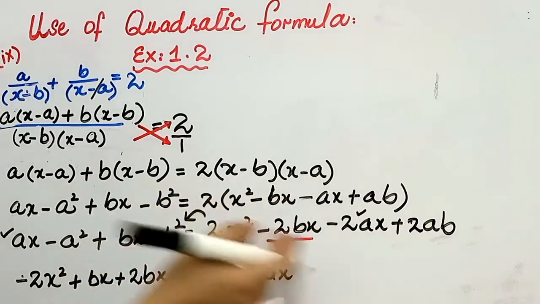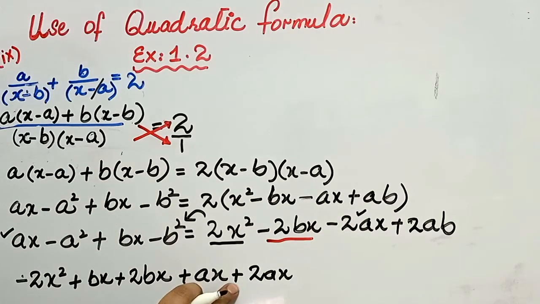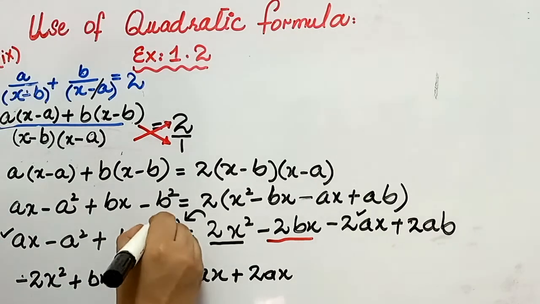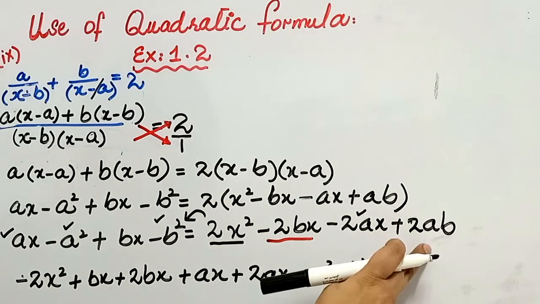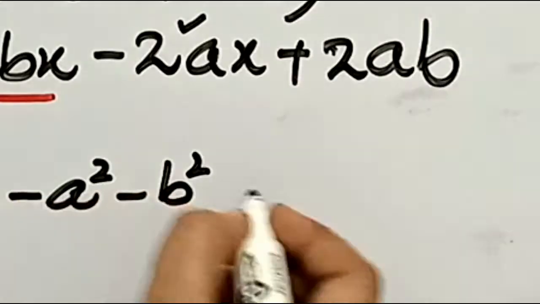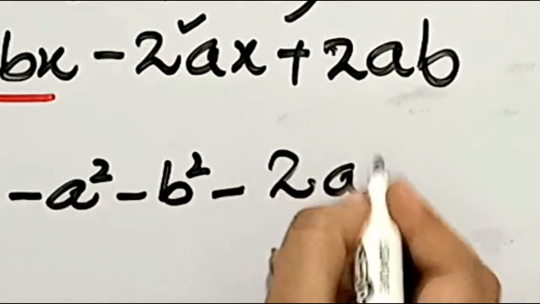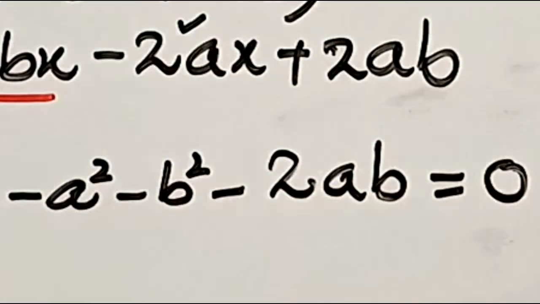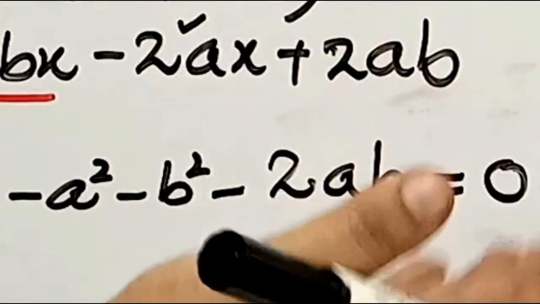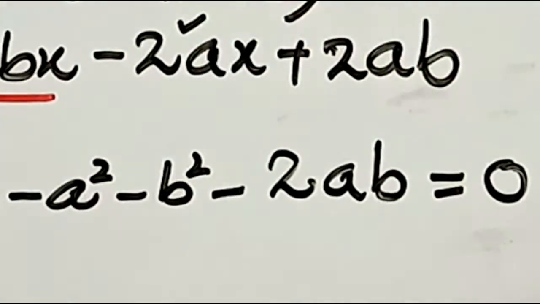When it will move from this side to this side, it will change its sign. Fine. And the last one is b square minus a square minus b square. When it will move from this side to this, it will be minus 2ab. So nothing is remaining over there, so it will be equal to 0. All terms we have shifted from right side to the left, so there will be 0 over there.